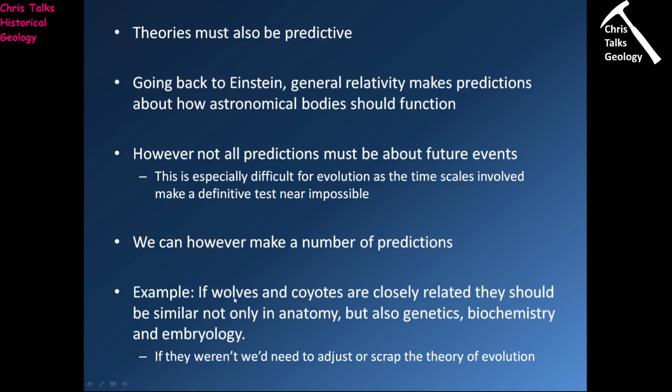However, when we compare wolves and coyotes, we see that they do in fact have very similar anatomies, they are genetically extremely close to each other, they have very similar biochemistry, so the chemistry of how their bodies function, and they have very similar embryology, so how the young develop in the womb. So that would suggest to us that they are closely related to each other. Obviously, the more distantly related they are, the greater the differences will be.